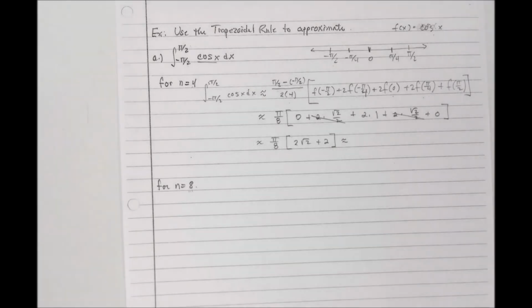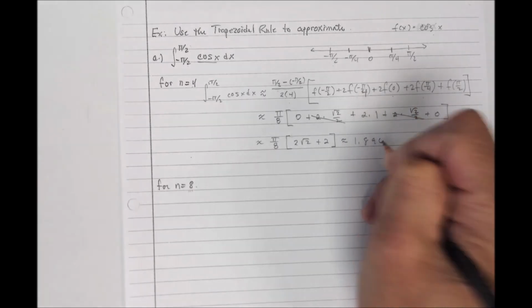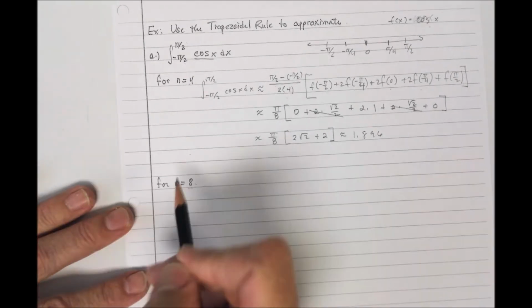So I have 2 times the square root of 2 plus 2, times pi over 8, and I get this to be 1.896 to 3 decimal places. There we go. Now, let's see what happens if we do this when n is equal to 8.